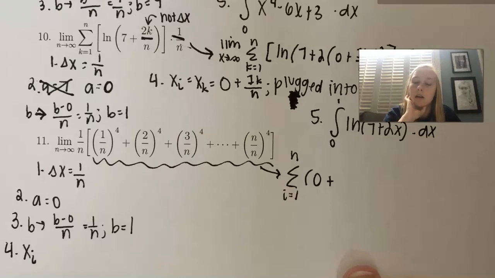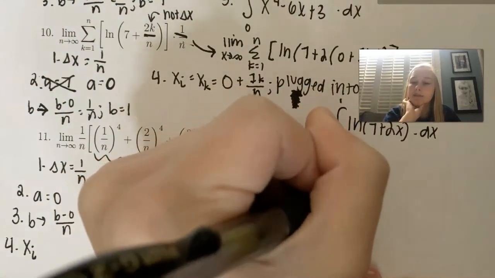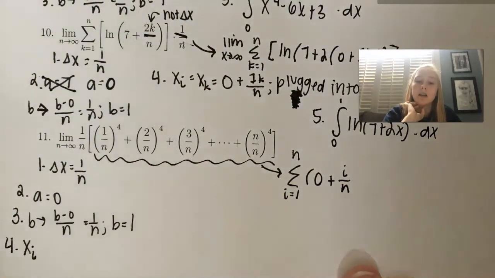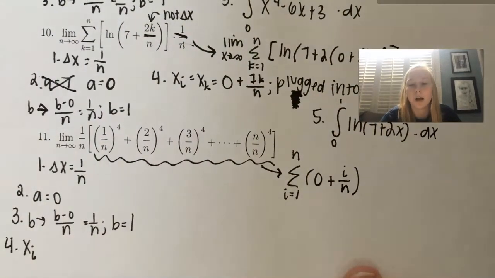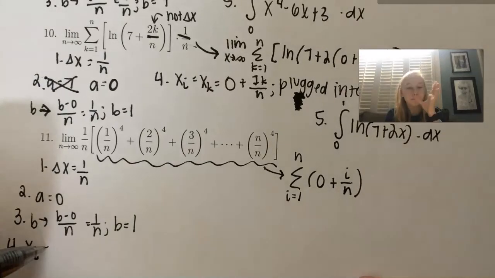And then we have to figure out where i plays into this, you might be asking. So we notice that all of these are going up by 1, like 1, 2, 3, 4.